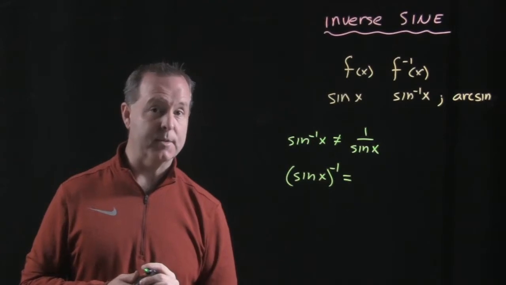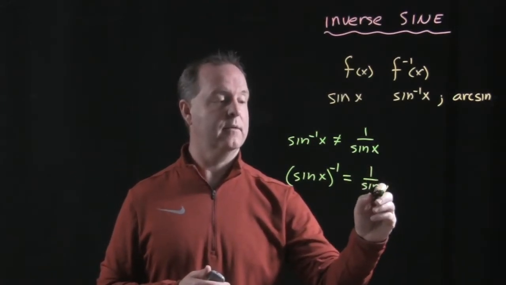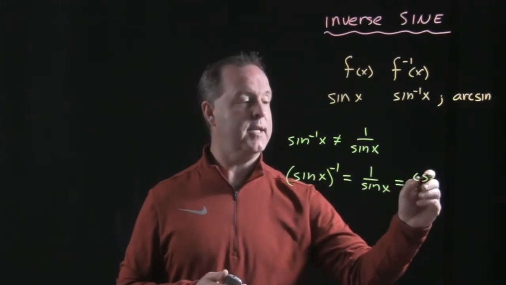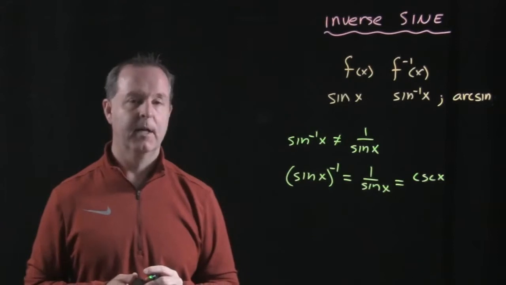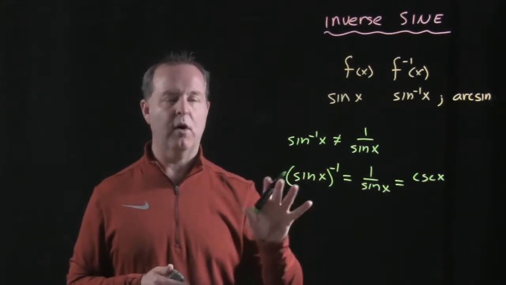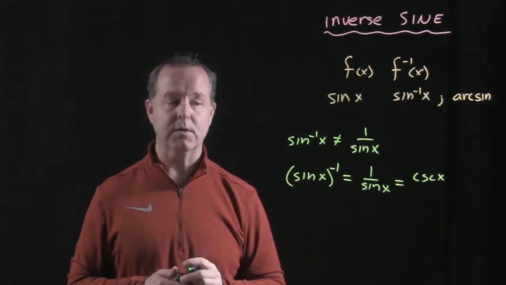That is the description for the reciprocal of sine, which would equal 1 over sine of x. What is the reciprocal of sine? The cosecant of x. So keep in mind the difference between those two, as far as the notation is concerned. The notation is something we want to get used to.